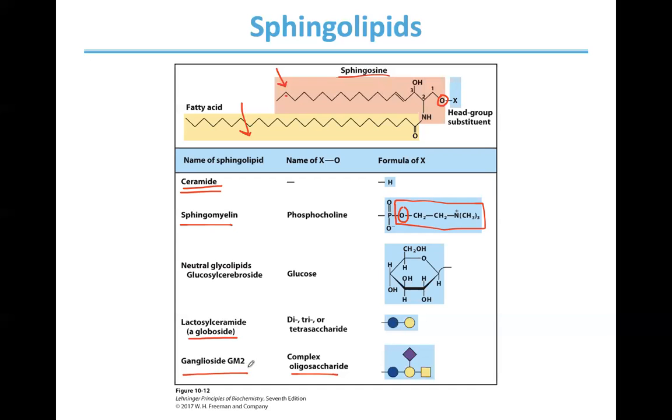We don't really need to be concerned with nomenclature of gangliosides in this class. But if you have one sialic acid, then the letter here is M. And depending on the structure, depending on where sialic acid is attached, there are several types of gangliosides. There's GM1, GM2, GM3. But again, this is beyond our class. We really don't need to worry about it.